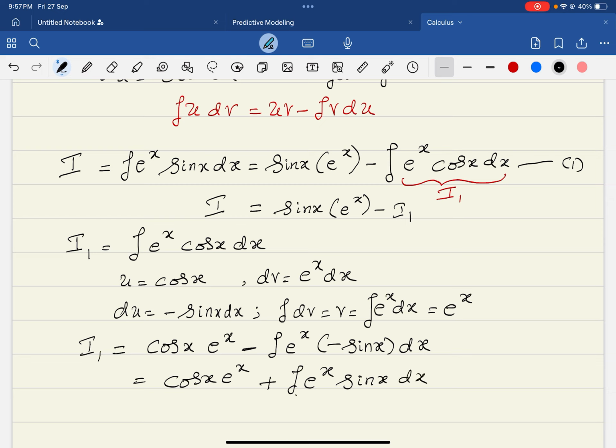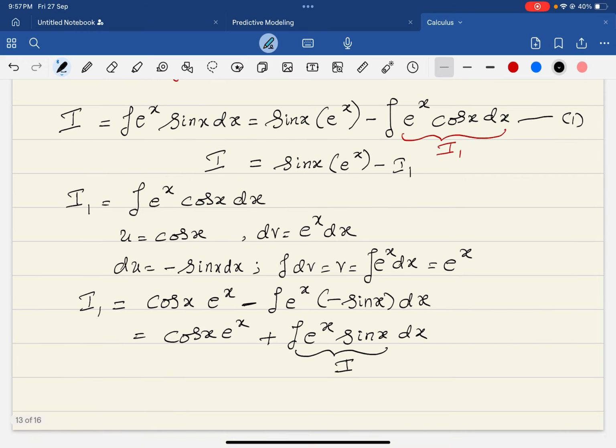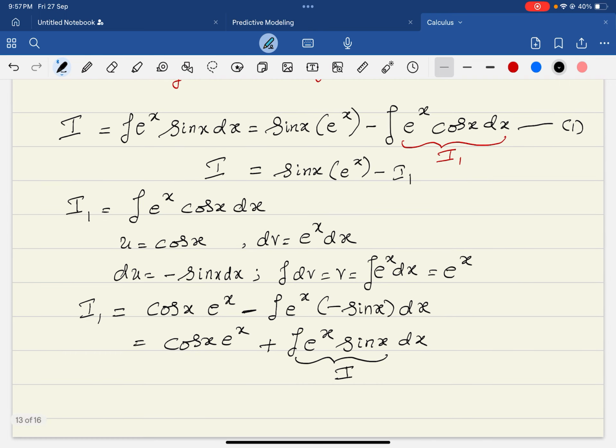Now how will you treat this e raised to x sin x? Because this is your original integral I only, correct? So we write I1 as e raised to x cosine x plus I in equation 1. Therefore, equation 1 implies that I is equal to sin x into e raised to x minus I1.